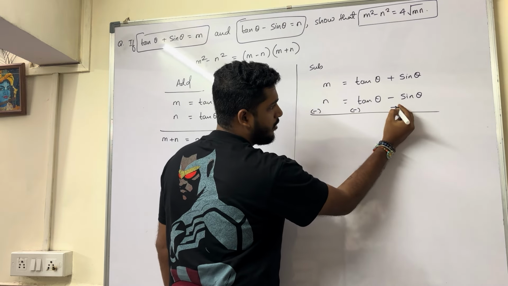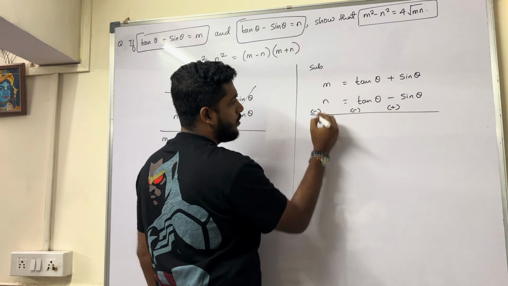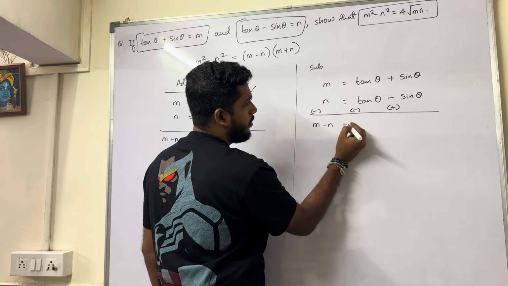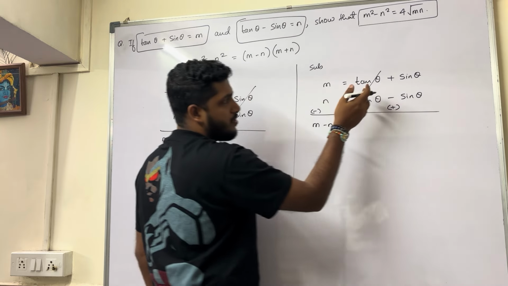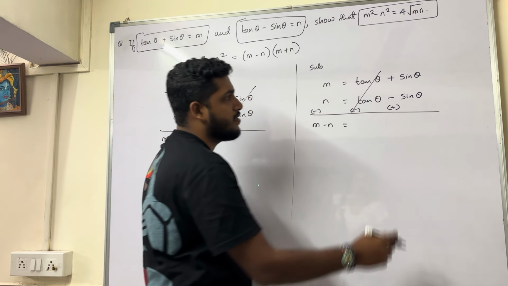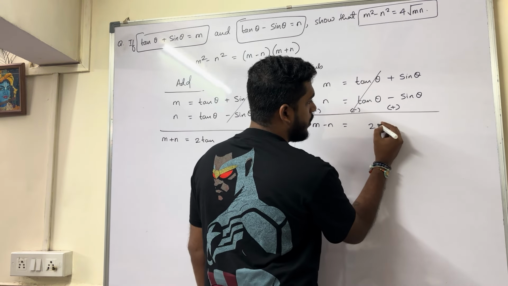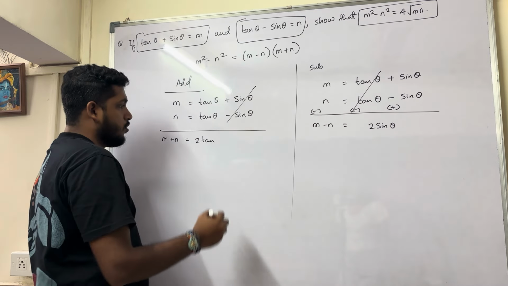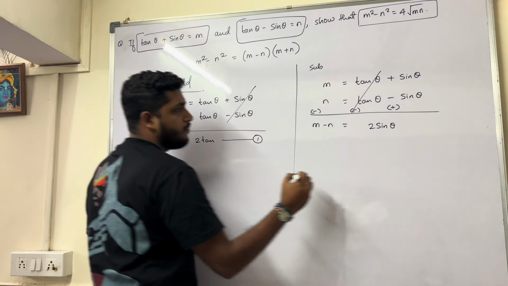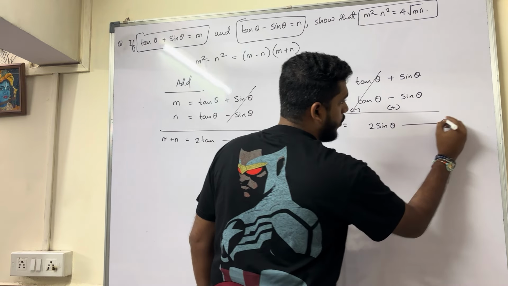There is a minus sign here, there will be a plus sign. Now this is going to be m minus n. Plus tan theta and minus tan theta will get cancelled. This will be 2 sin theta. So this will be your equation number 1, and this will become your equation number 2.